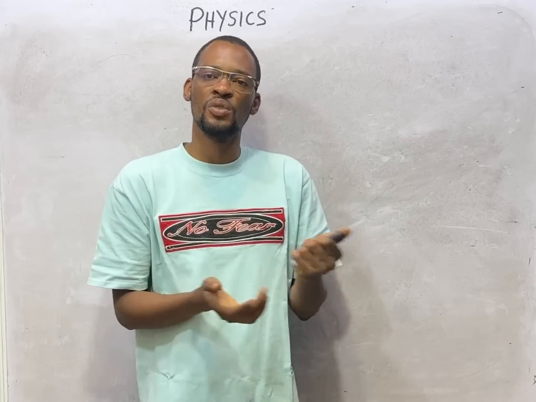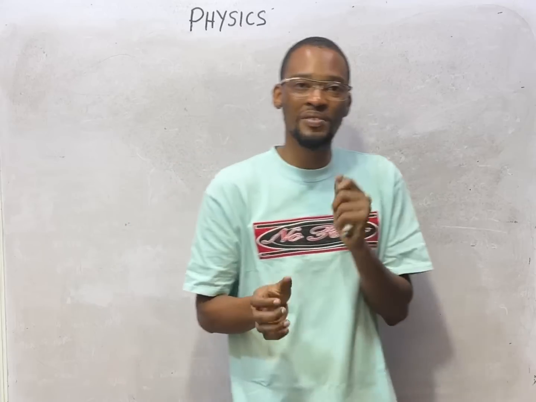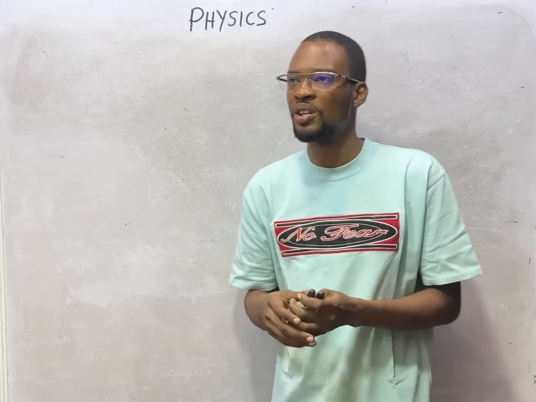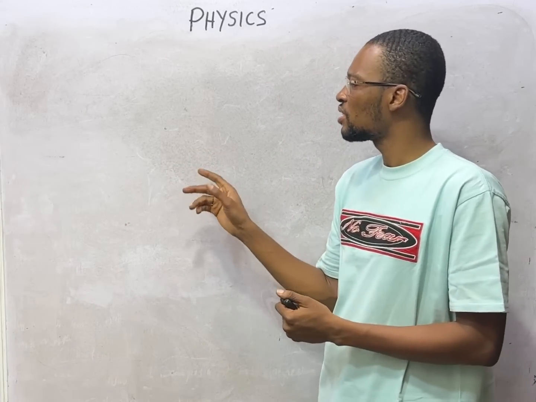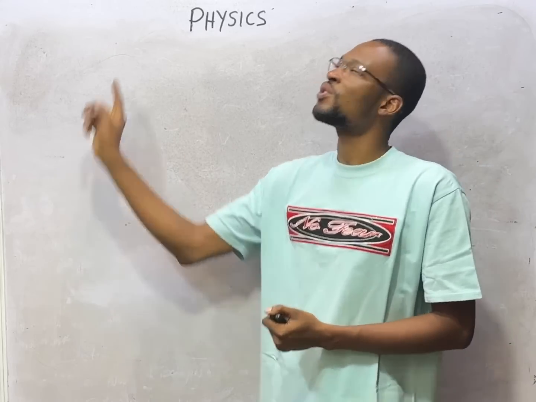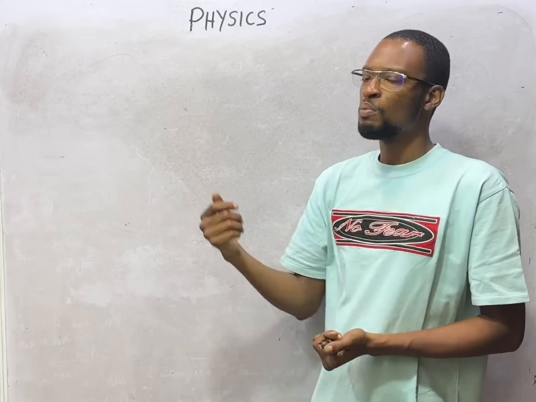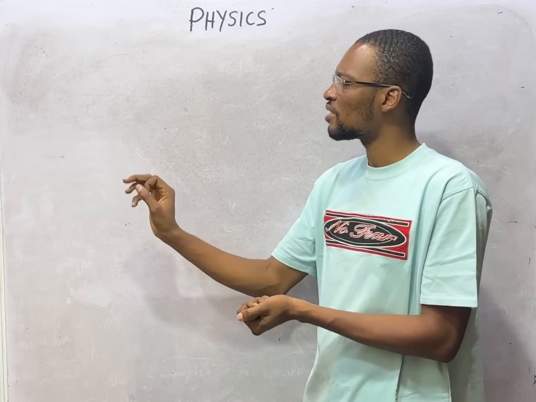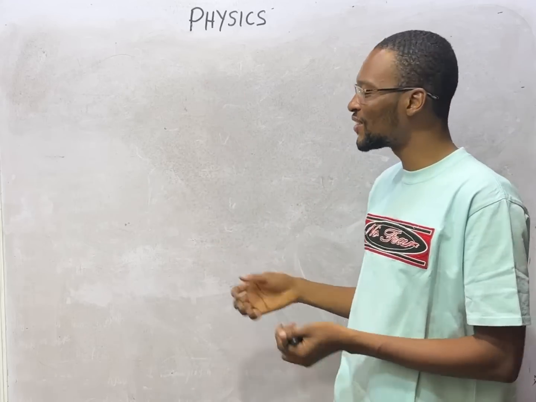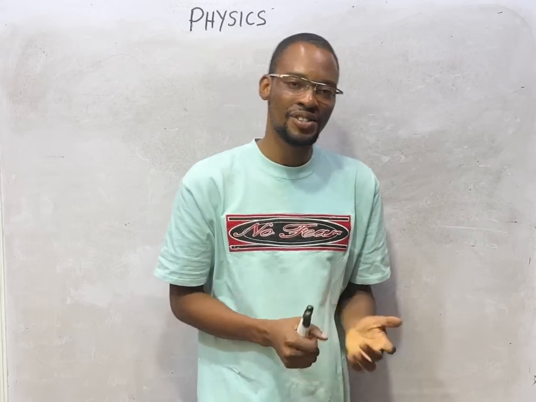But you can't see that with your naked eye, and it's also happening very, very fast, so your eyes cannot see it. And even in terms of current, when you turn on your switch, the current has to flow from that switch to your bulb for the bulb to light up. But because it happens very fast, you definitely think that immediately you turn on your switch, the light comes up. So all these are interesting.